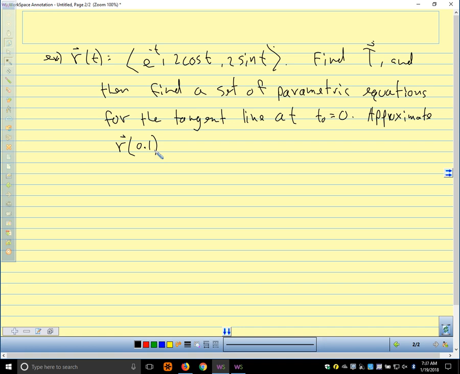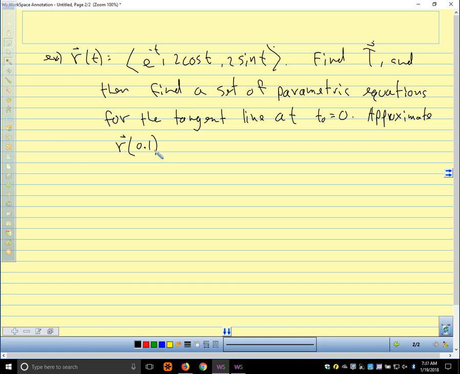The e to the minus t is going to describe how the particle moves along the helix. So it's a decreasing exponential function. As we go along the curve, it's going to move less and less, right? Near the origin, it's going to be more stretched out.